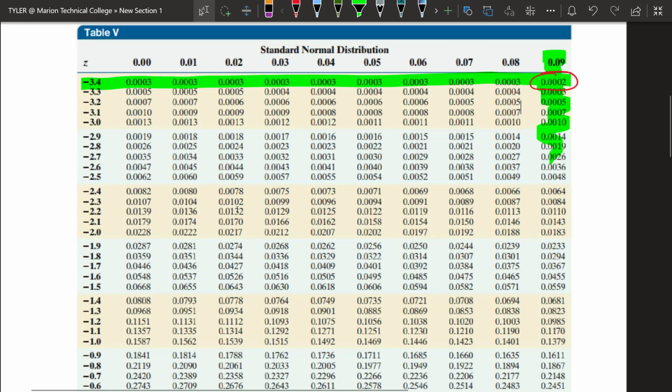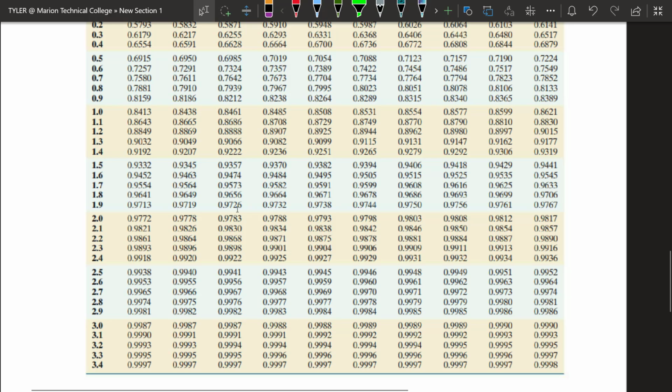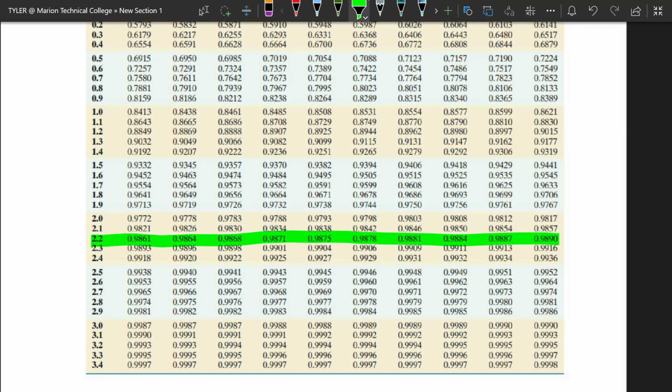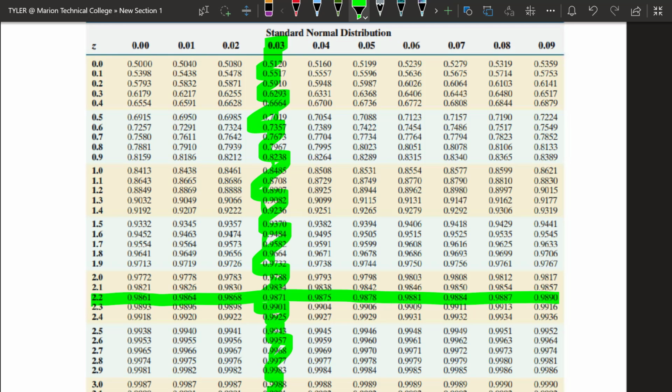So I have a positive value, so I need to go to the second page this time. And we want 2.23, so I'm going to locate 2.2 in the first column. I'm looking in this row, and then I'm looking for the 0.03 column, because that's my second decimal spot, my hundredths place value.